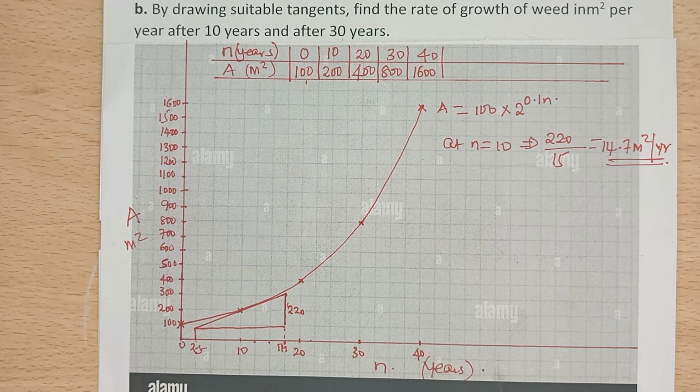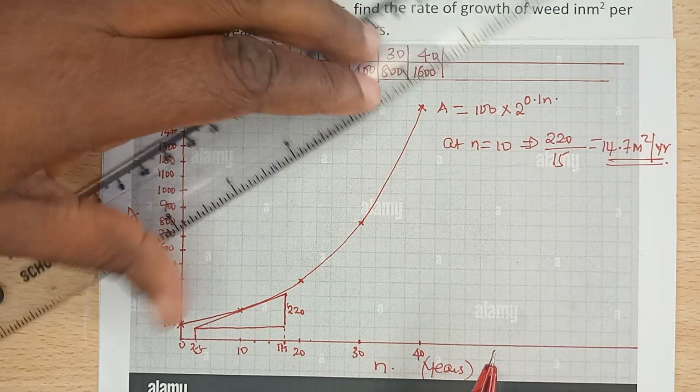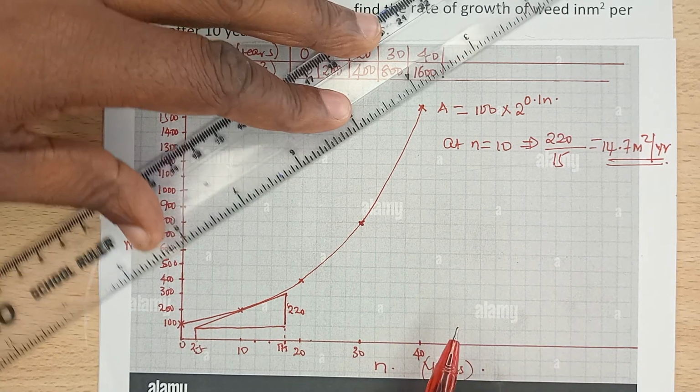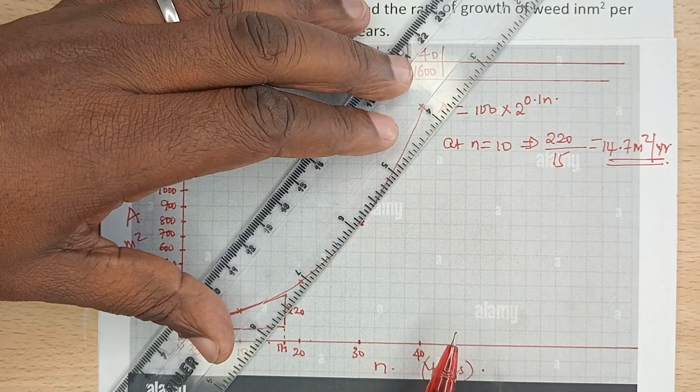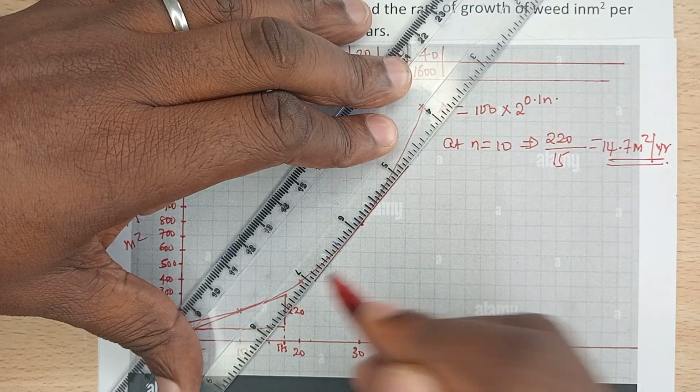The question continues to ask us to get the rate of growth of the weed in meters squared per year after 30 years. So after 30 years, we need to construct a very good tangent here. Let us have a very good tangent that way.